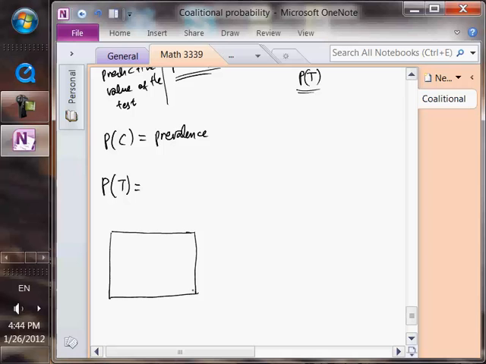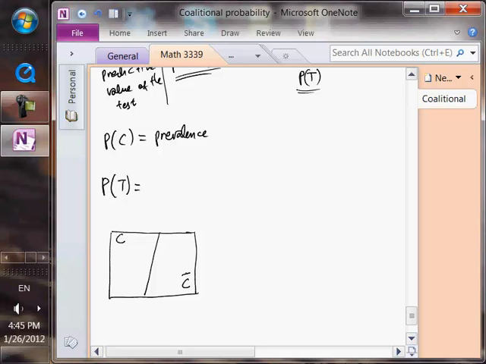Well, let's draw a little picture. Here is all people, the square, and that is divided in two categories. Left is C, and on the right is C bar. So on the left, I have the people who do have the condition, and on the right, I have the people who do not have the condition. And you understand that C and C bar are two disjoint events, exclusive events. You can't have and not have the condition at the same time.